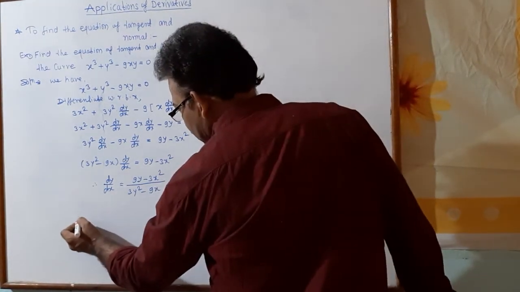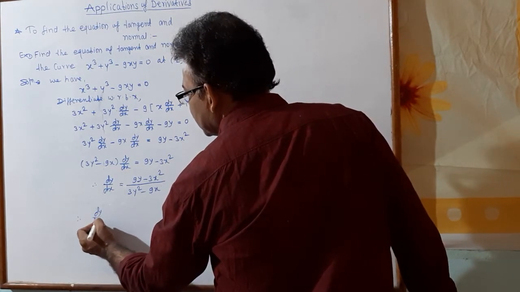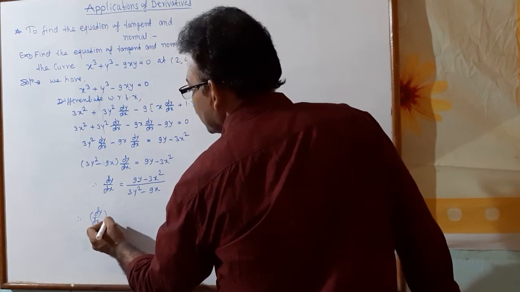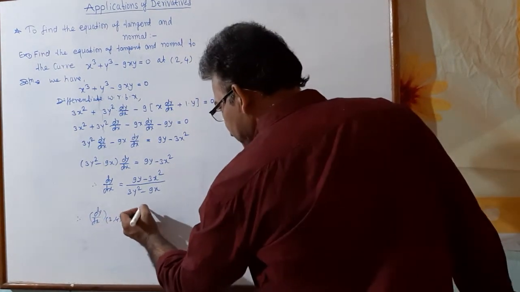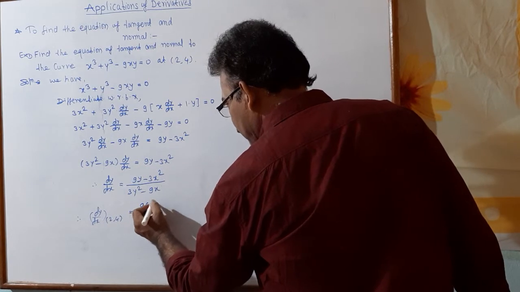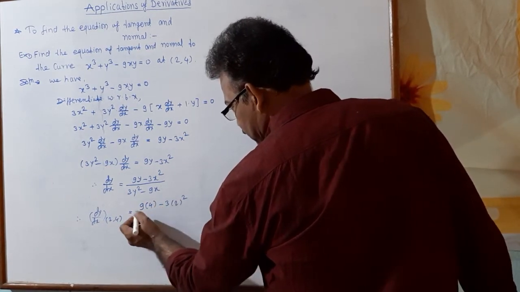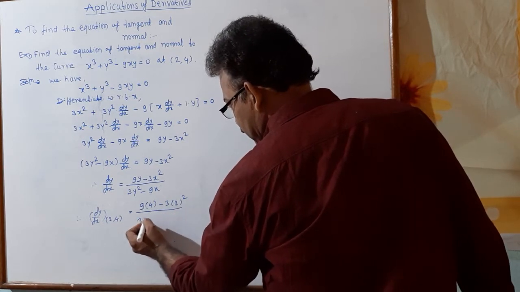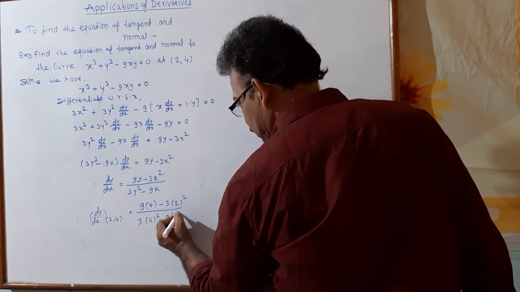And the point is given. dy by dx at point (2, 4) is equal to 9 into the y coordinate 4, minus 3 into the x coordinate 2, its square, divided by 3 into y, that is 4, its square, minus 9 into x, that is 2.